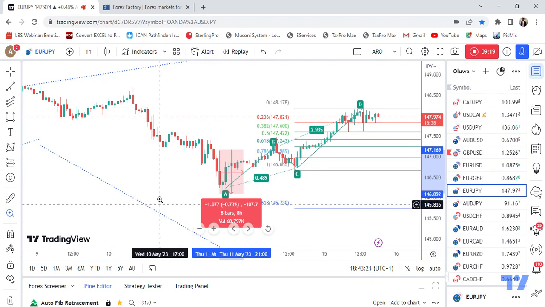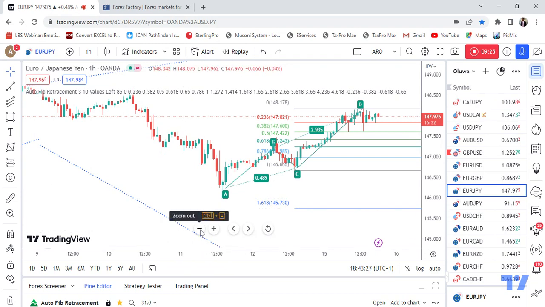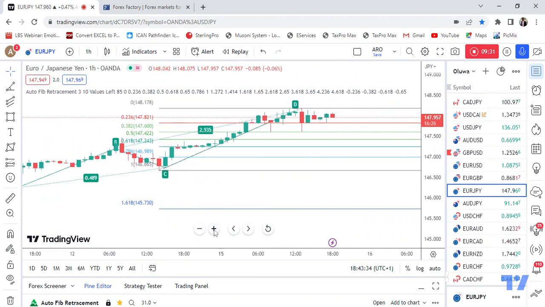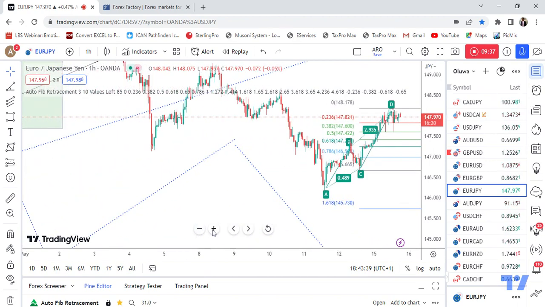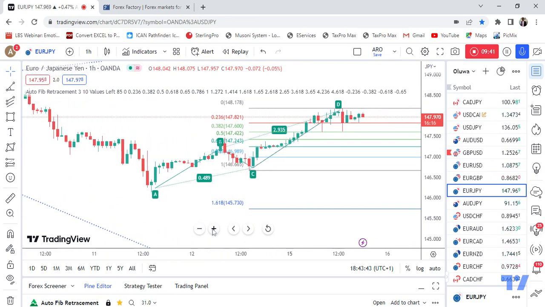Then we have zoom. For instance, if I want to zoom in on my chart or zoom out, we use that. You can use this to zoom in, and you can also use this to zoom out.